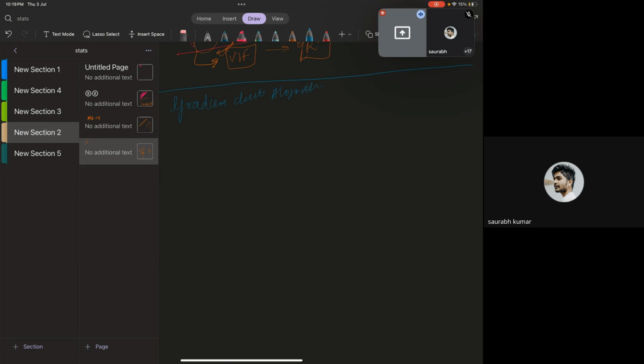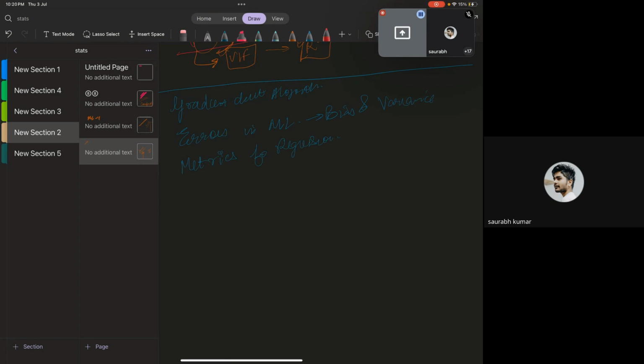After that, we will move to, what is it called, one second, different types of errors in ML, basically bias and variance. Then we'll move to metrics for regression.